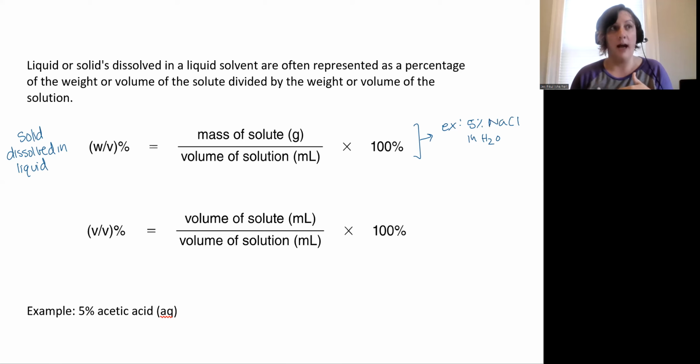And so something like a 0.09% solution of sodium chloride might be an IV that you would get if you were dehydrated at the hospital, something like that. So then volume per volume percent is when we have a liquid dissolved in another liquid.